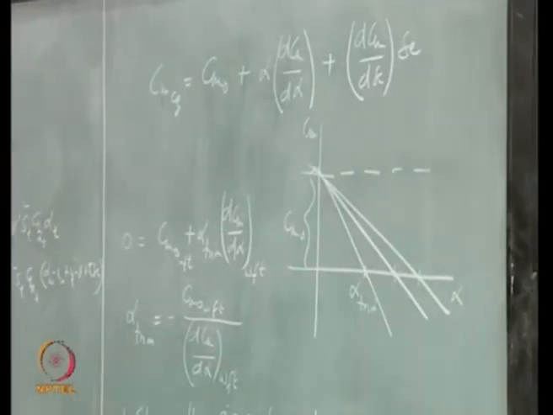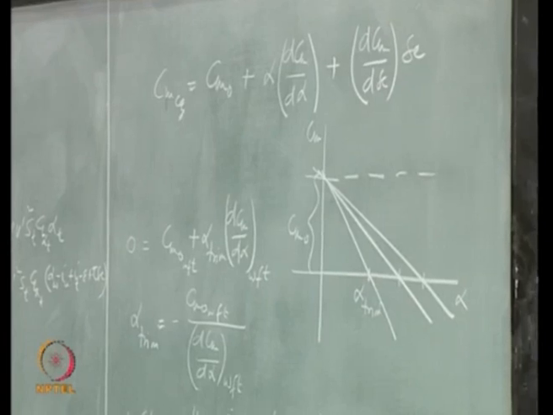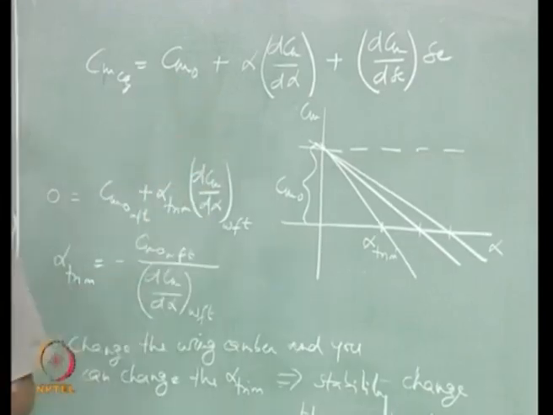Is it making any sense? Is it all right? Any question? Now I have a relation, okay, which is telling me, if I set this to 0, that is the trim condition.